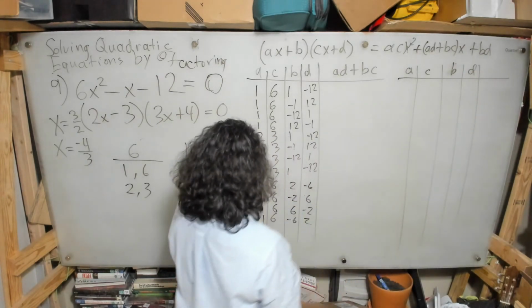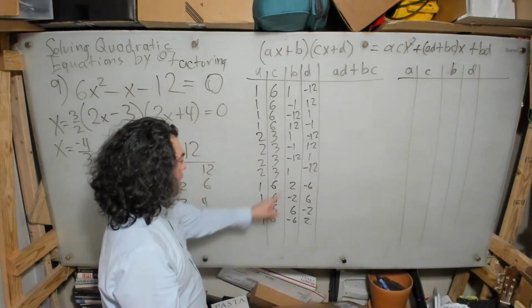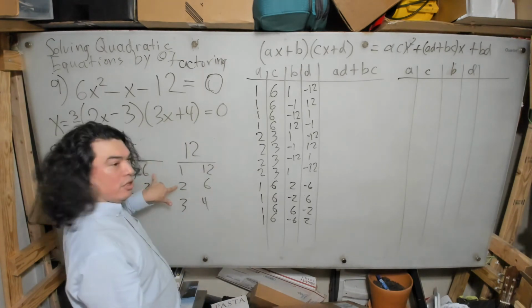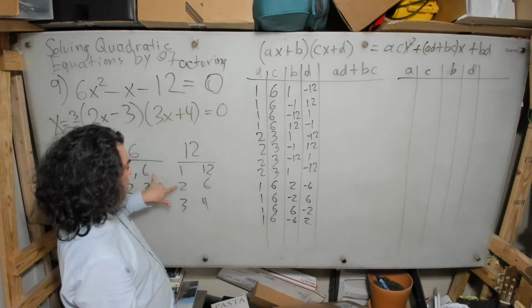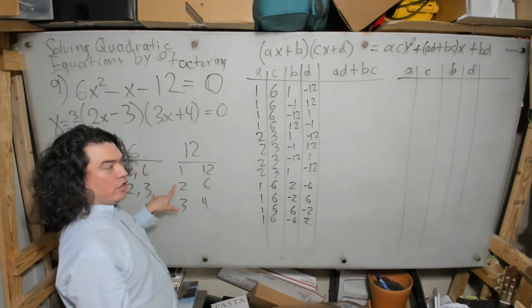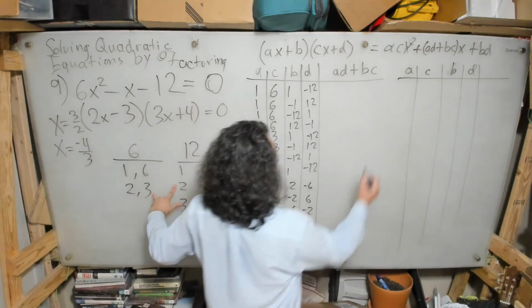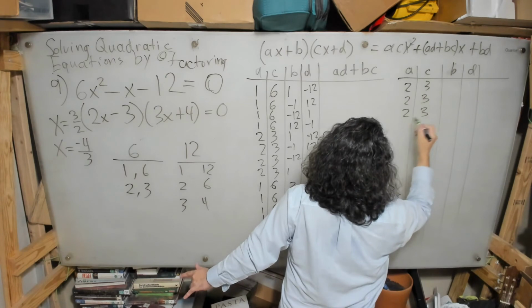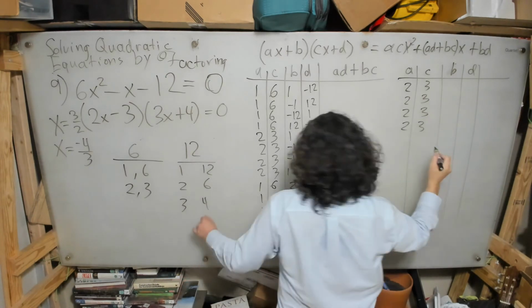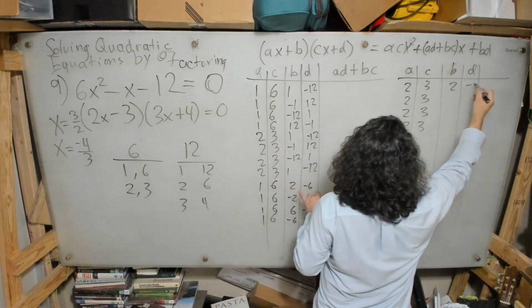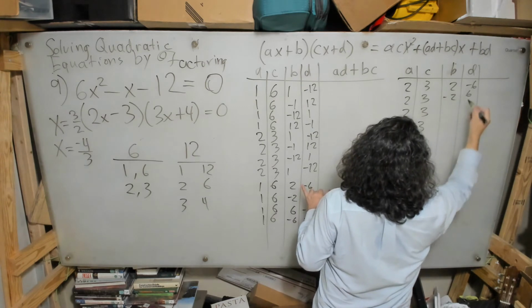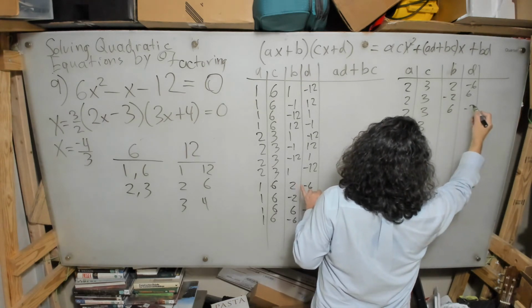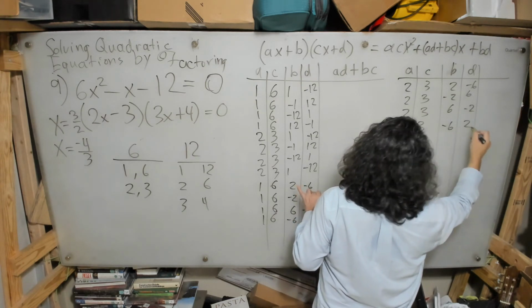So again, we left off with the 1, 6 and the 2, 6. So we left off with this row. And now what we're going to do is the 2, 3 with the 2, 6. So it'll be 2, 3, 2, 3, 2, 3, 2, 3, and then 2, negative 6; negative 2, 6; 6, negative 2; negative 6, 2.